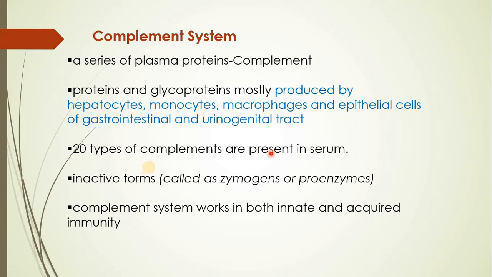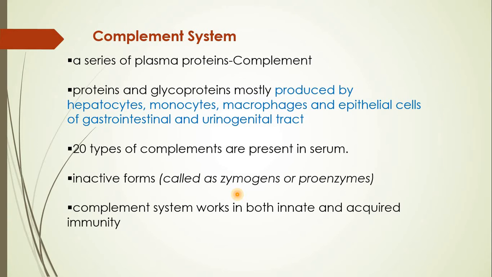Further, when this secretion occurs into the serum, they are always in their inactive form. The inactive form of complements is called zymogens, or they are also called proenzymes. Now these proenzymes are essential for bringing about innate or acquired immunity.